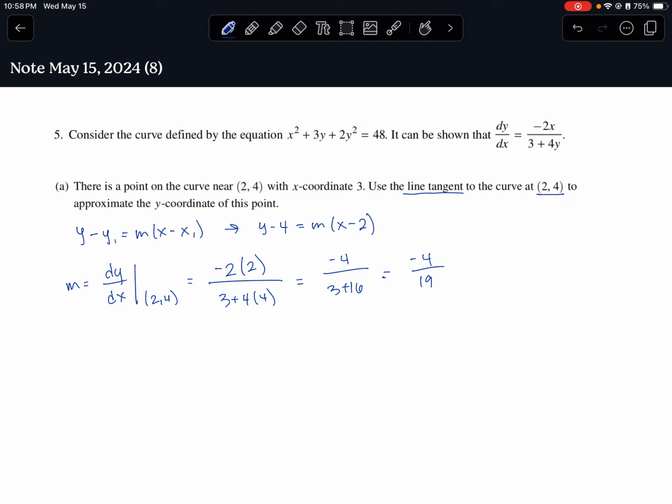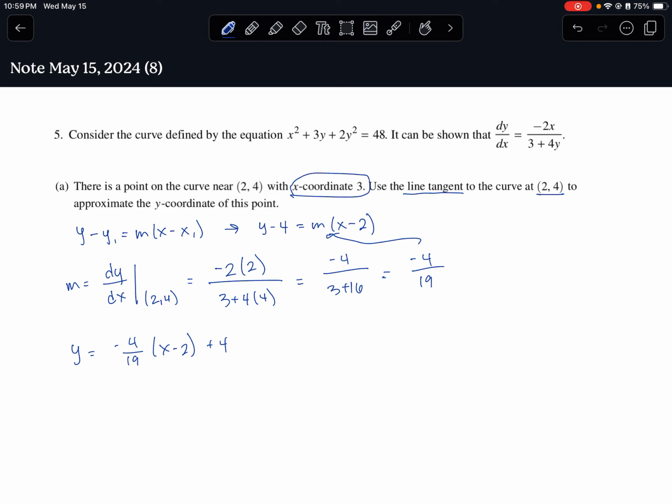Okay, so if I go ahead and plug that back into my approximation here, I'm also going to add 4 to this side over here. So I get y is equal to negative 4 over 19 times x minus 2 plus 4. So here's my tangent line, and I'm supposed to use it to approximate the y-coordinate at x equals 3.